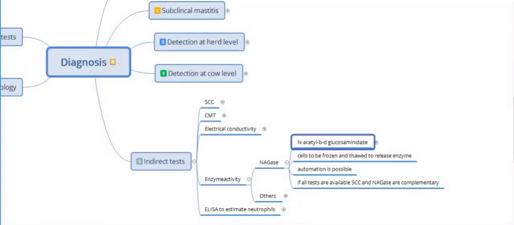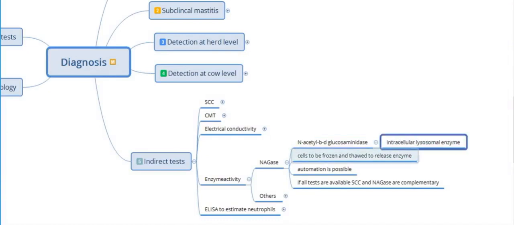Then another mechanism is to assess the enzyme activity in the milk, and the commonly assessed enzyme is NAGase, N-acetyl beta glucosaminidase. This is an intracellular lysosomal enzyme, and you have to collect the milk, freeze it, and then thaw it so that the cells in the milk are lysed and the enzyme is released into the milk.